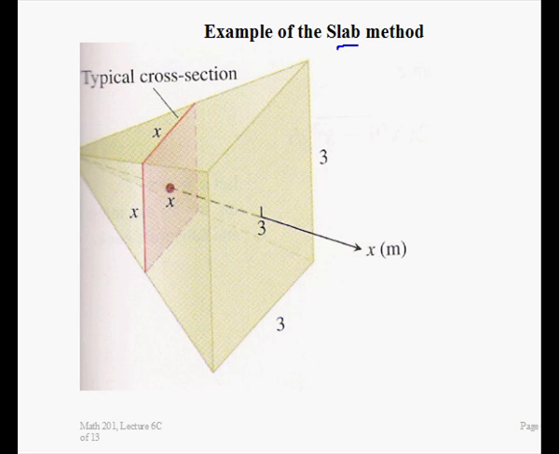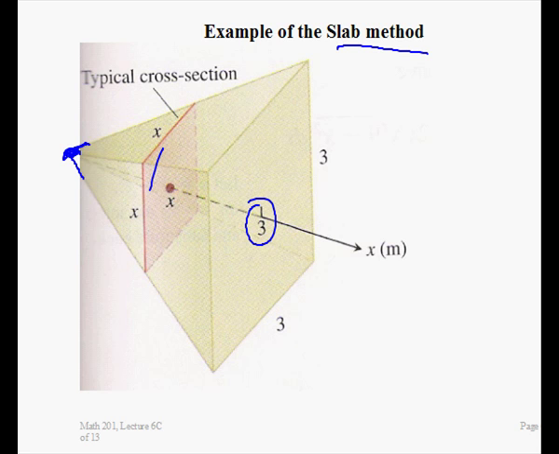So here's an example of the slab method. We're going to compute the volume of this pyramid, and the pyramid has a square base. The sides, when x equals 3, are 3. It's a 3 by 3, and then it decreases linearly to when x equals 0. Kind of fell off the end of the scan here. When x equals 0, the cross-sectional area would be 0.